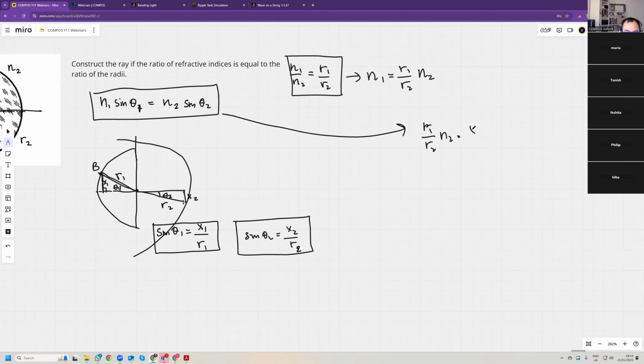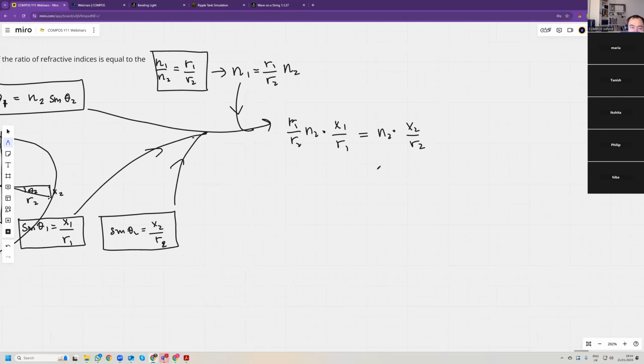Sine θ1 is x1 over R1, equals N2 multiplied by sine θ2, which is x2 over R2. So I'm combining all of these into one. Now I can start simplifying. I can see that N2 cancels, R1 cancels, R2 cancels. Oh, beautiful. I have x1 equals x2.